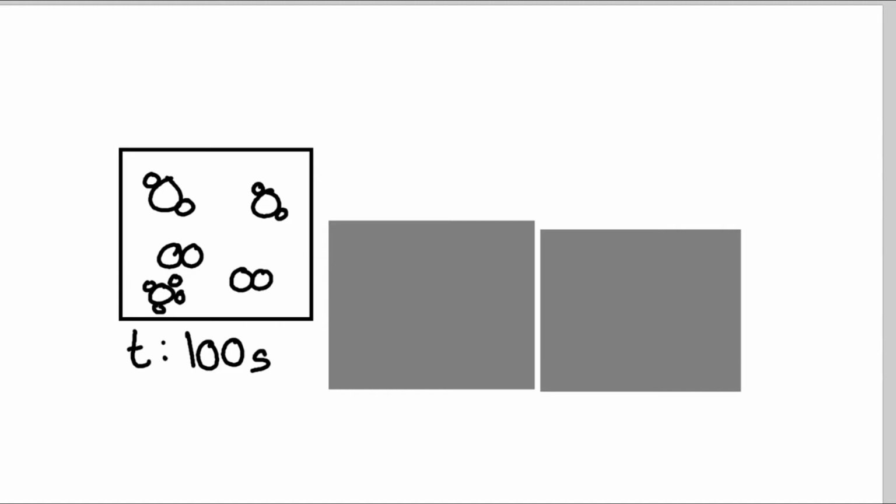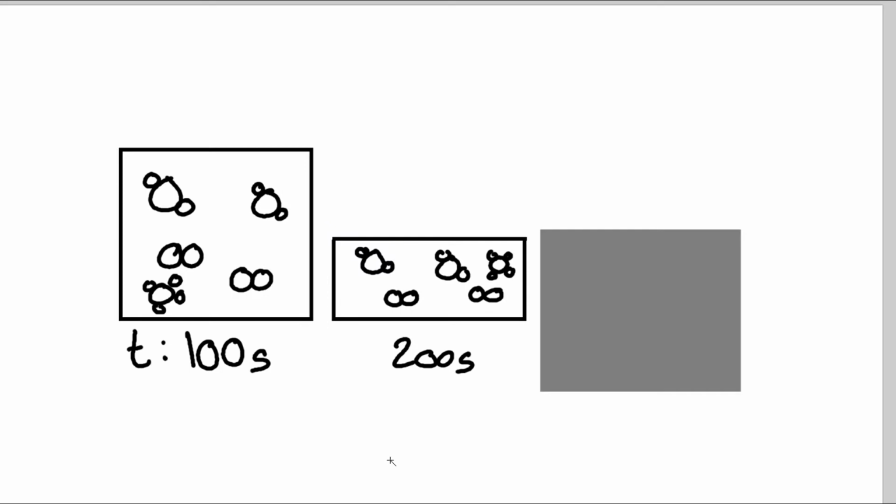Now, let's work with a slightly different model, with a different scenario. Here, we have a different amount of each of the three different molecules. We have two of the big circle with two little circles, and one of the big circle with four little circles. Now, let's say I took the volume of that container and I decreased it by 1/2, and I smushed everything down.